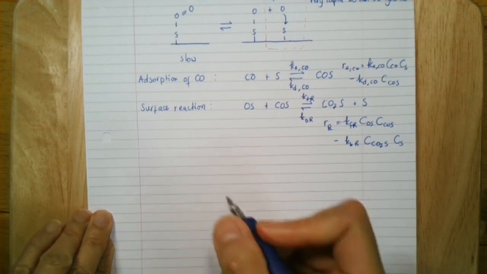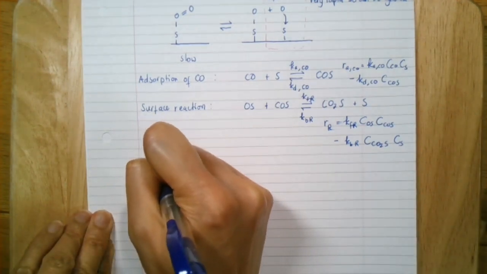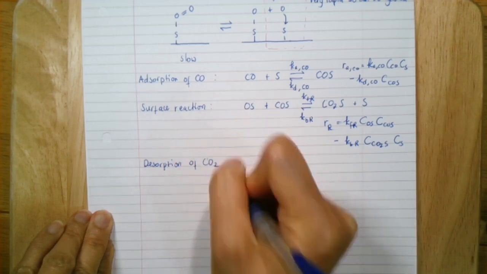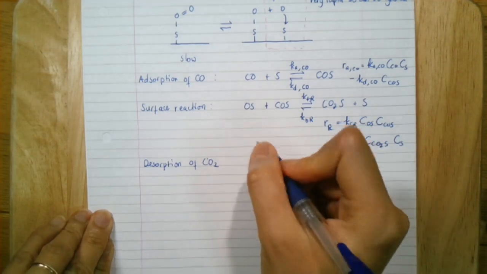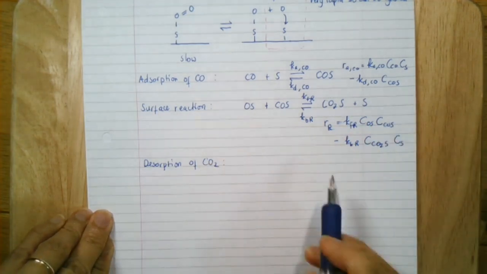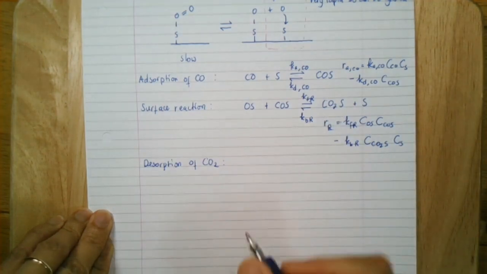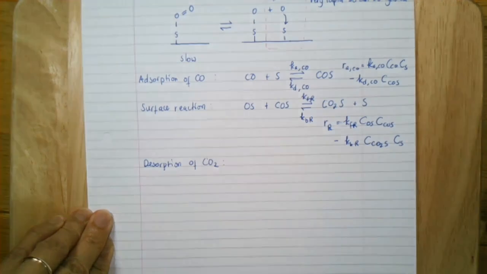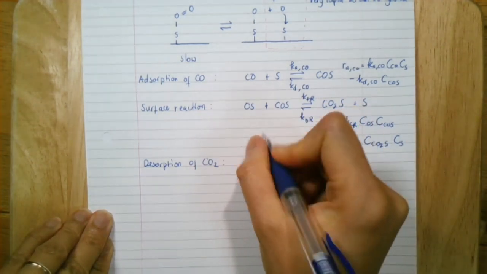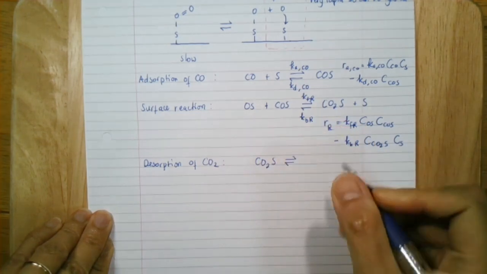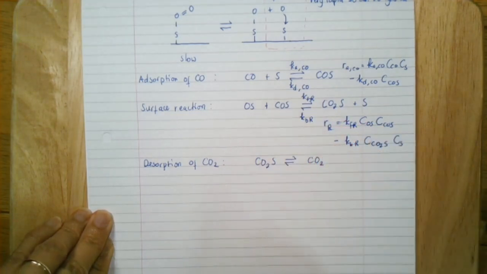And then finally, we have the desorption of CO2. In this step, the adsorbed CO2, or CO2S, from the surface reaction step dissociates into our product, CO2, and releases one free active site.